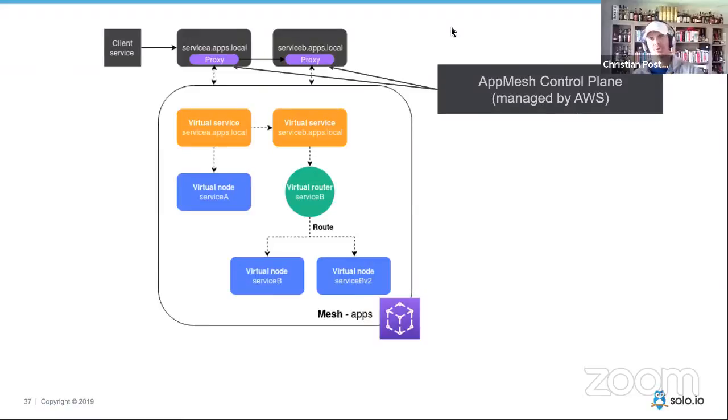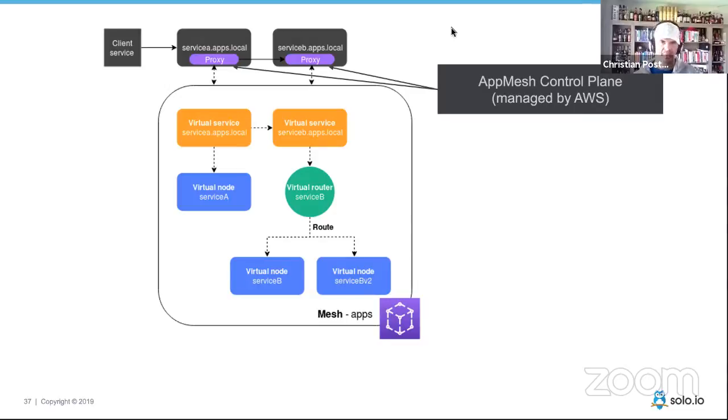A virtual node is the API object that we use to specify actual workload items, and then we refer to services and the rules that we can place around services as virtual services. And then we can specify routes and routing tables and routing rules in the virtual router that the virtual service uses.